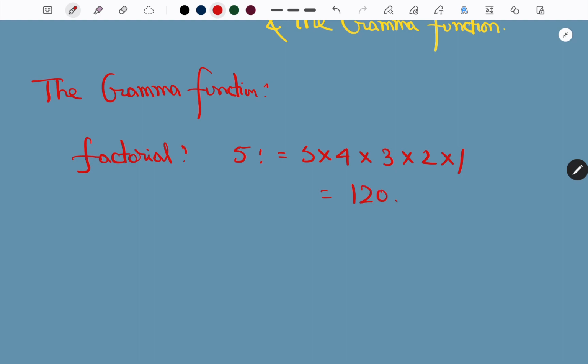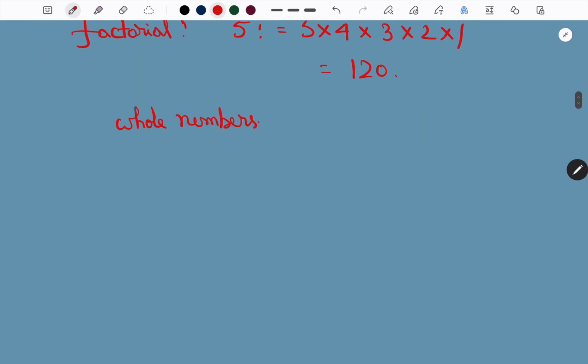Yes. But if you have read permutations and combinations, you must know that factorials are only for whole numbers. You might know 0 factorial is equal to 1. But here is the interesting case. What if I say 2.5 factorial?